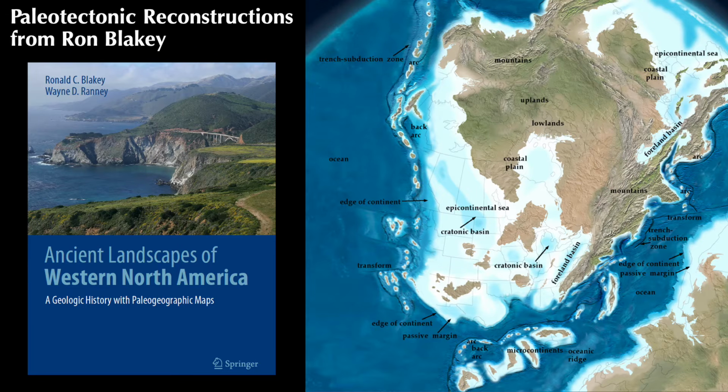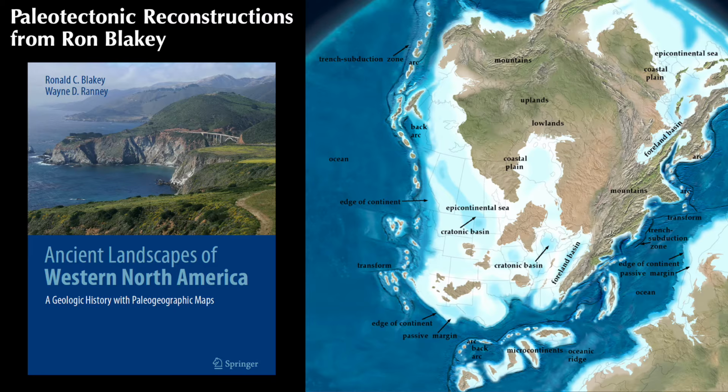And the way in which it's organized makes use of this beautiful book by Ron Blakey and Wayne Ramey, in which they've used the published geologic literature to reconstruct the paleogeographic features of, in this case, Western North America, although they have these types of reconstructions for other orogenic regions as well.